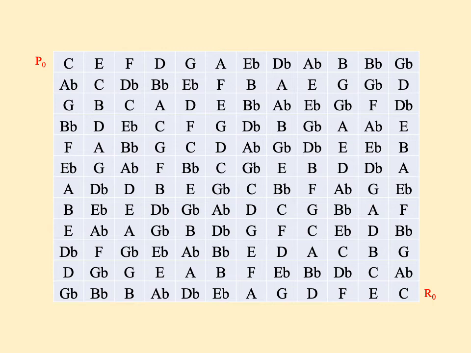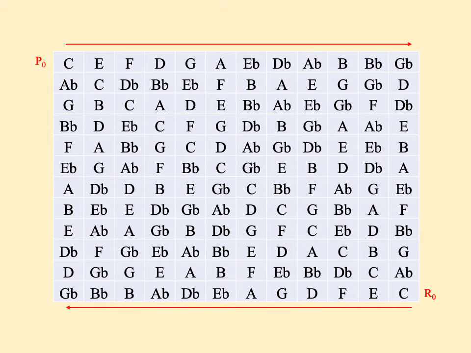Look at the top row, the P0 row that starts on C, and look at the bottom row, the R0 row that starts on C. And realize that the P0 row, when you read it across from left to right, goes C, E, F, D, G, A, E flat, D flat, A flat, B, B flat, G flat.